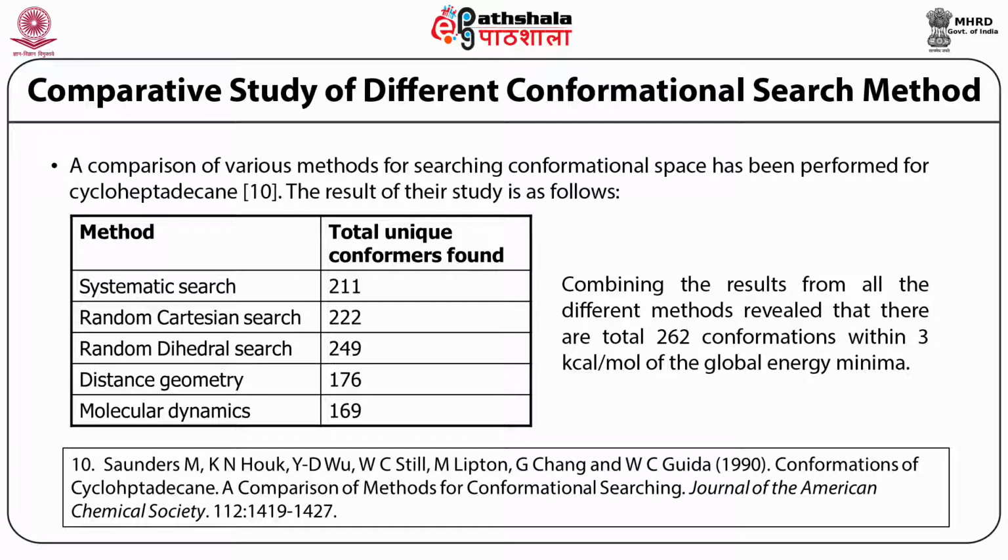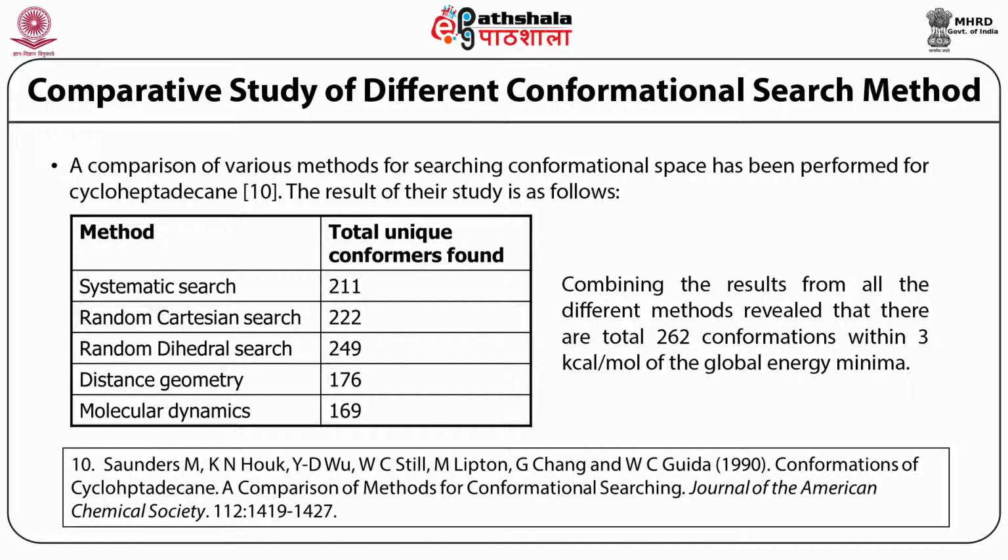So that gives the highest number of conformers. However, if you look at the whole structure set and take the one with the lowest energy among all these and define that as the global minimum, at least within 3 kilocalories above the global minimum, we notice that there would be 262 conformers.